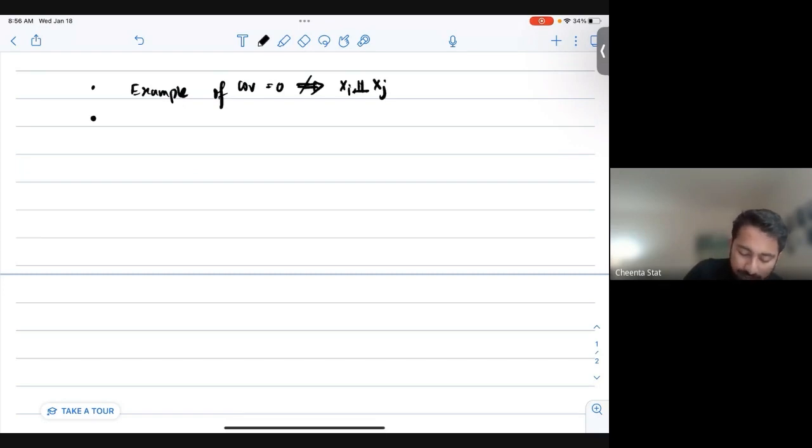The second thing is examples of the concepts of pairwise independence and group independence.